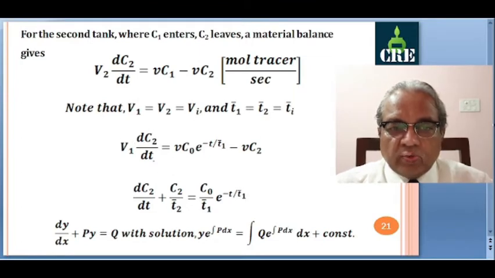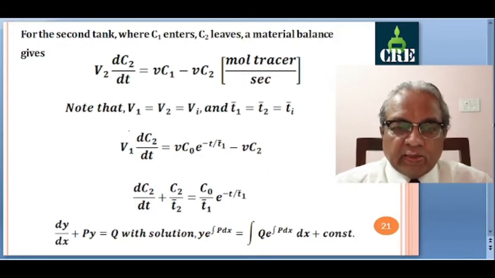So V1 dC2 by dt equals V C1, which is C0 into e raised to minus T by T1 bar, minus V into C2. So divide by this V1.